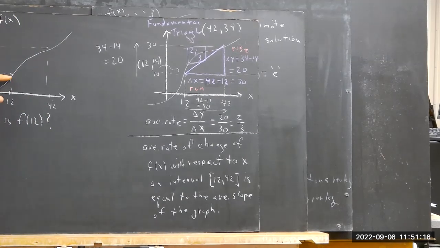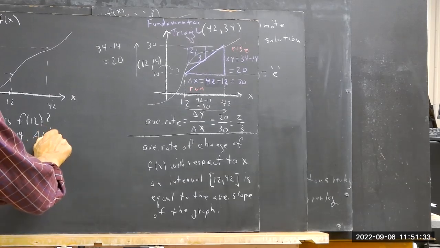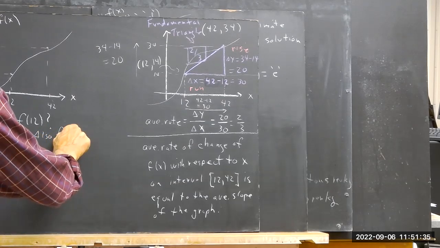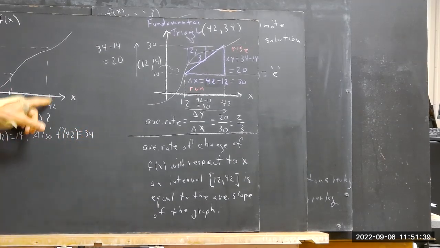It's the y coordinate of the point on the graph directly above x equals 12. And we can see from the picture in these projection lines that that's 14. Also f of 42 equals 34.